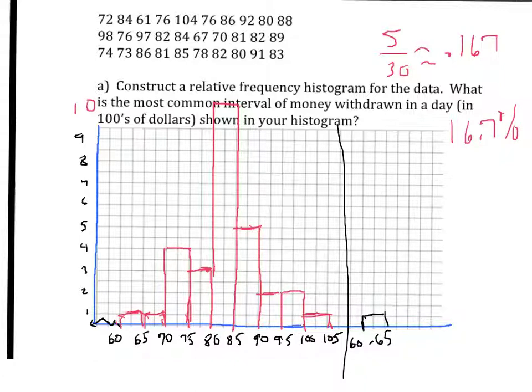Let's just create a bar there. So 60 to 65 would still only go up to 1. But then on the next bar, they would have to put, okay, 60 to 70. It would start back over, and I don't have enough room really here to write out the intervals, but it always starts over at that beginning number. So now what would you put for 60 to 70? Well, you have to include the one you already have, and then you can see from 65 to 70, they added one more. So now it would go up to 2.